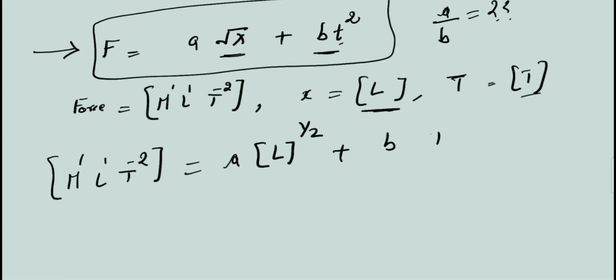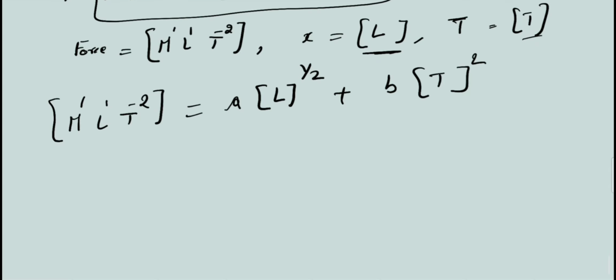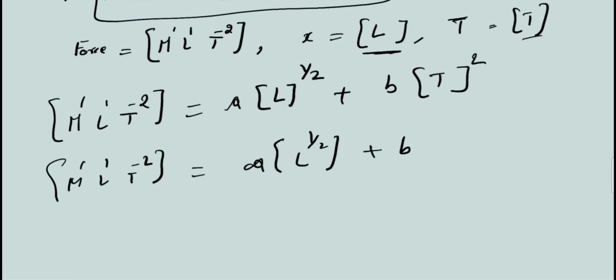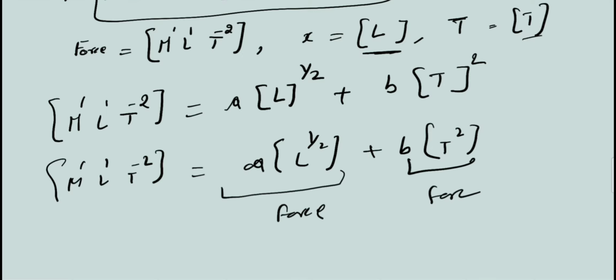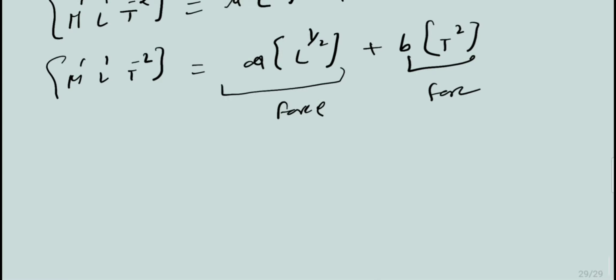T square means t raised to power 2. So we can write this as M1 L1 T raised to power minus 2 is equal to a L raised to power half plus b t square. So we know this will be a force and this is also a force. So we can compare the dimensions of this with force.